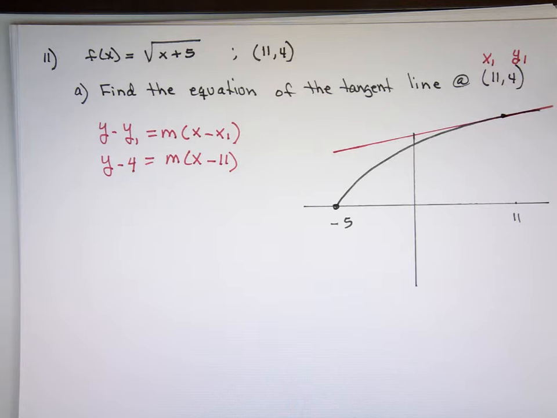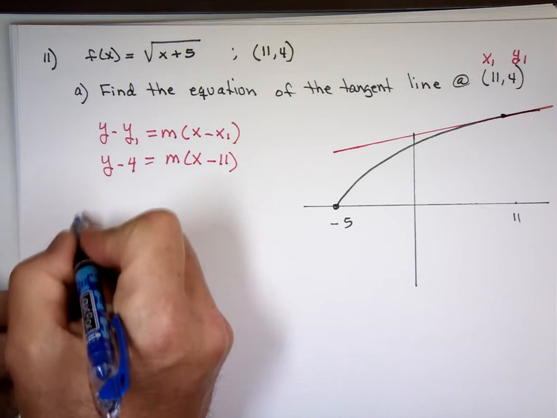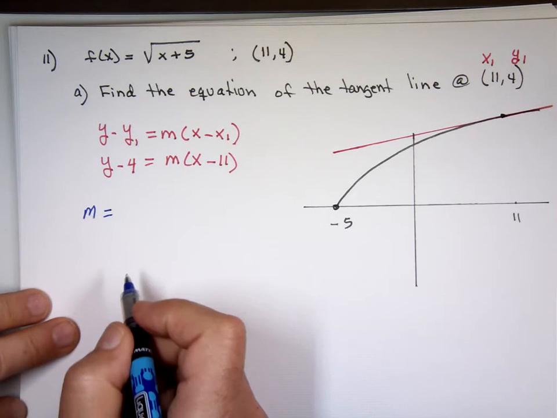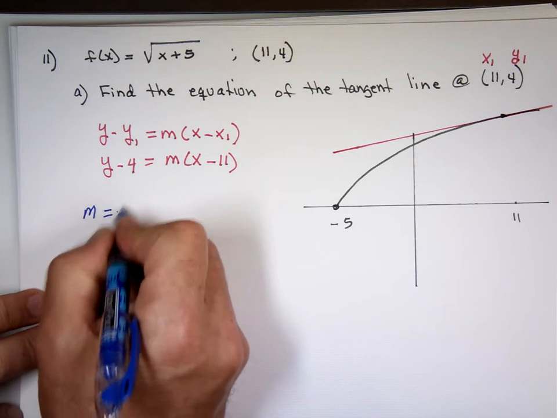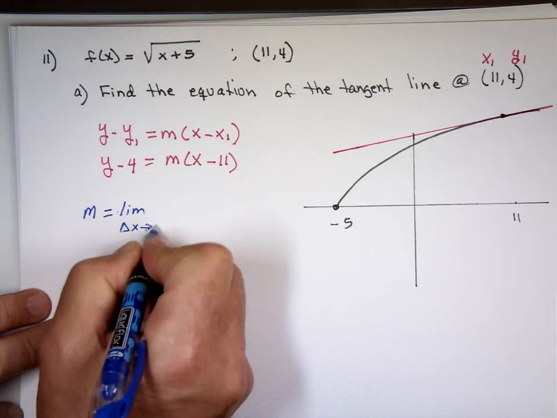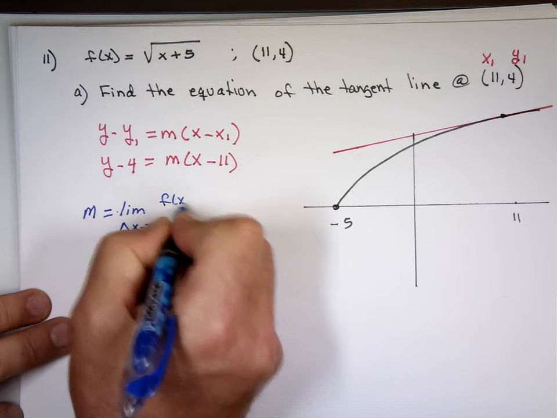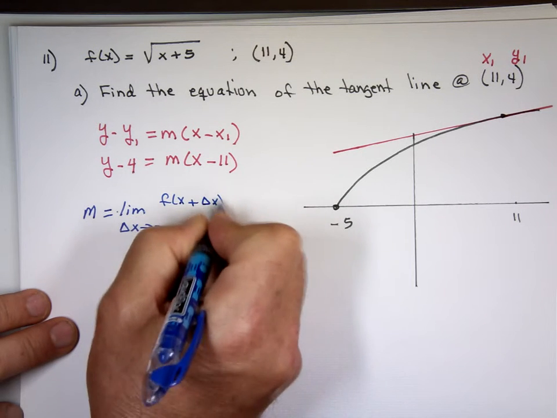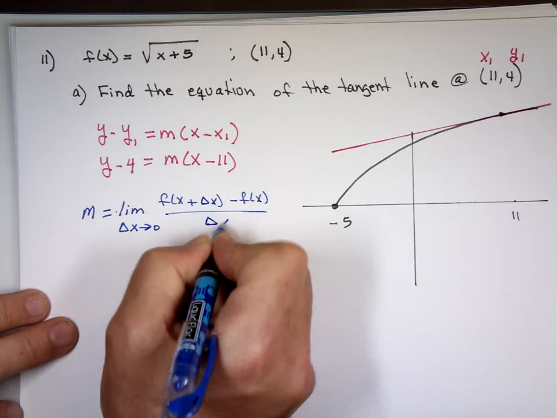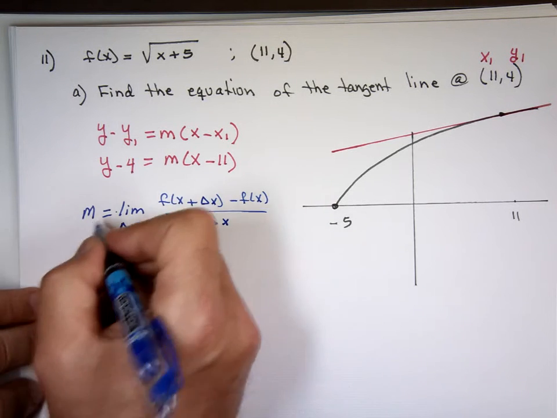Well, how do we find m? M is the slope. The slope of that tangent line, which is the derivative. So I need to go through that, calculate what the slope is.